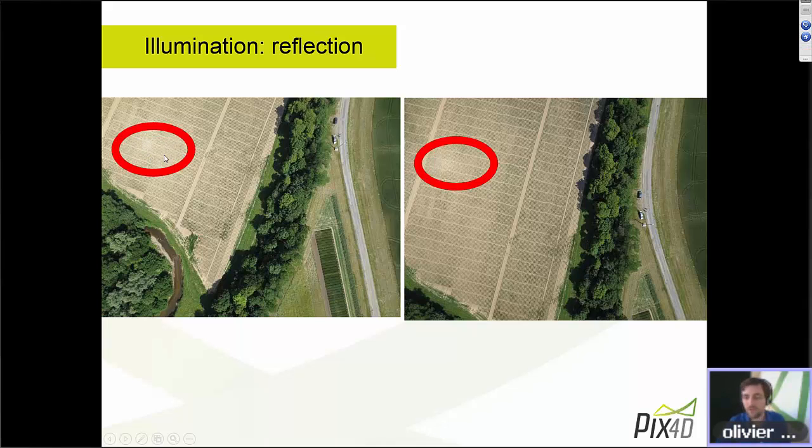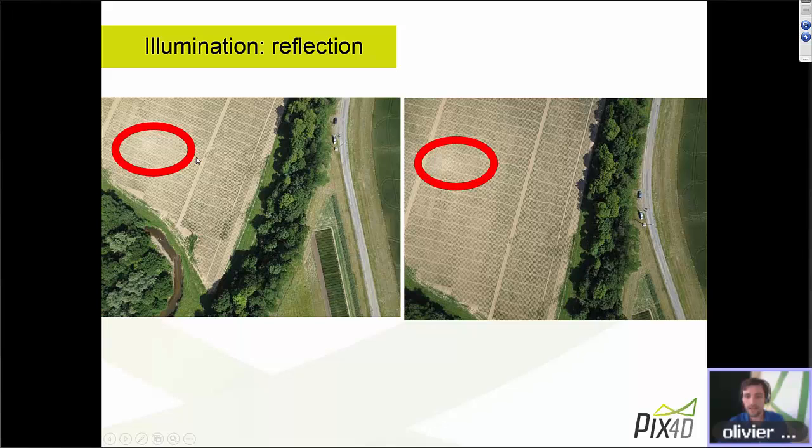However, this reflection is not a feature of the field. It's actually some artifact which is moving from image to image. So this was taken exactly a few seconds later, and you can see that the bright spot has moved in the picture. This is the reflection of the sun. It's not the sun. The sun hasn't moved that much, but the reflection depends on the angle of view of the UAV. So even if you change half a degree, this reflection can change a lot in direction.